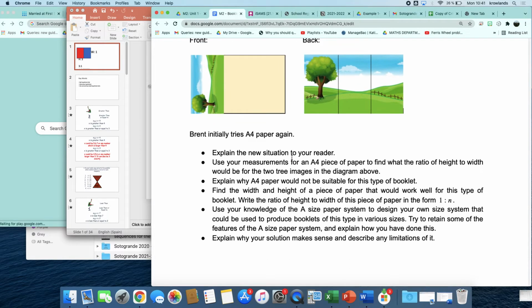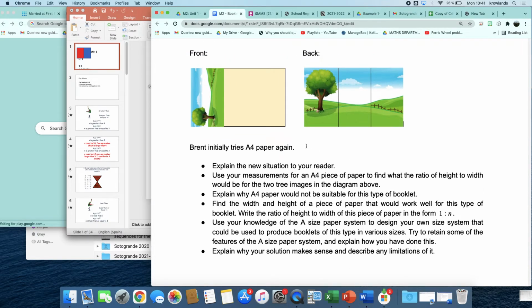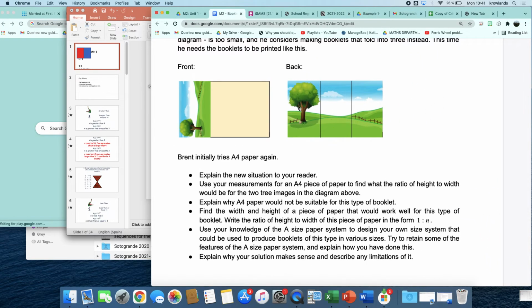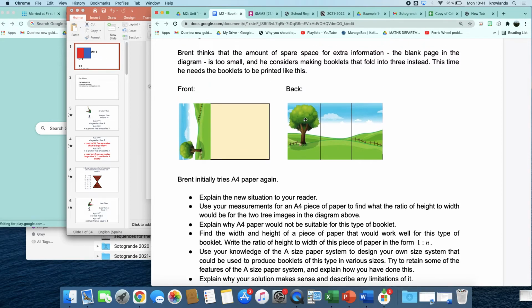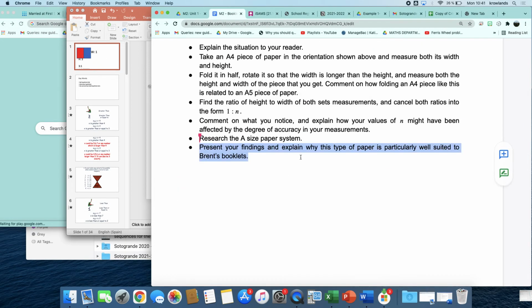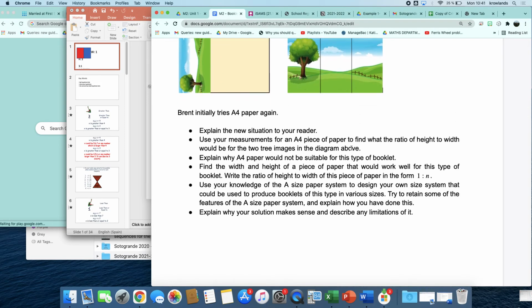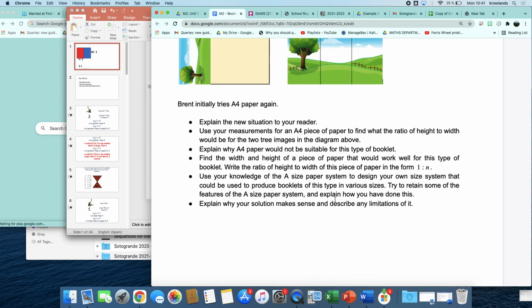I'm not going to give you too much help for this, but the situation this time is that he wants to fold the piece of paper into 3. And you've got to talk about different measurements to do with dividing it by 3 rather than dividing it by 2. Again, I'm not going to give you too much assistance because this is for the grade 7 and grade 8, so you need to interpret this on your own.